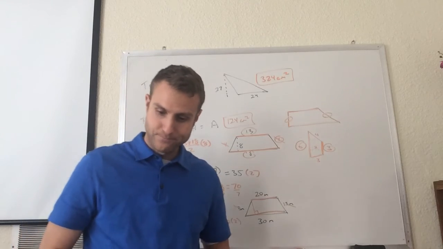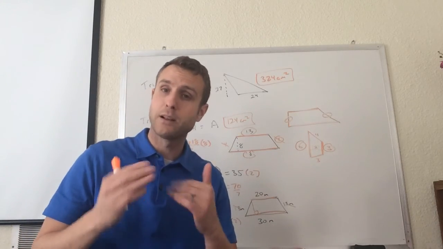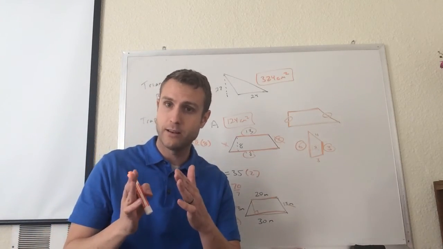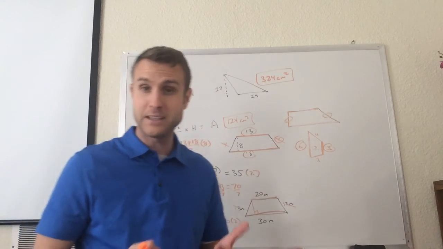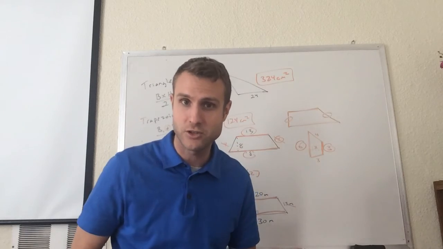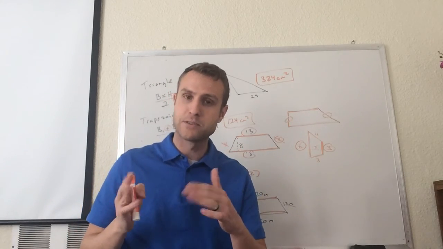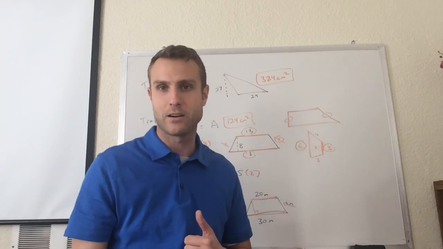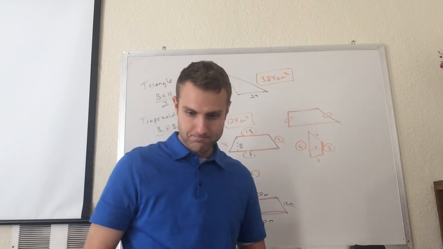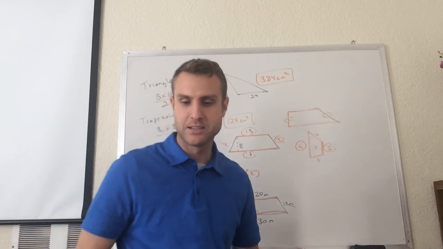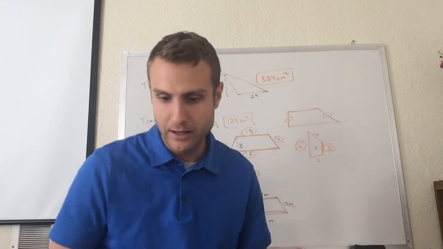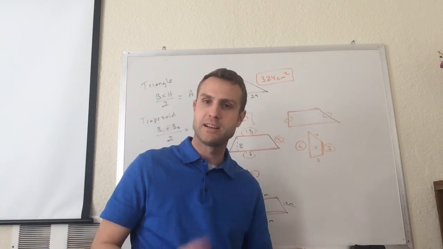For 14, it's a trapezoid plus a triangle, so find the area of the trapezoid, find the area of the triangle, and then add them together. For 15, it's a trapezoid missing a triangle. So I find the area of the trapezoid and then subtract the area of the triangle that's missing. Same thing for 16. For 17, it's a rectangle missing a triangle. And for 18, it's a trapezoid plus a triangle.